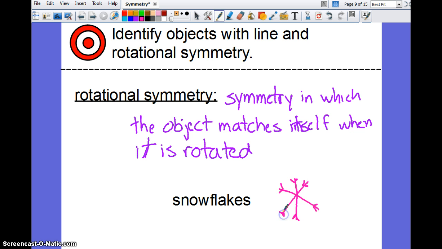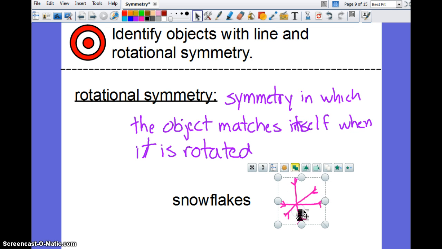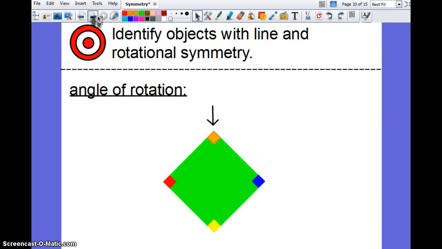Assuming that my drawing showed that they were all evenly spaced around, if I took this snowflake and I spun it around, you see how when I rotate it around, if they're all evenly spaced, I end up on top of myself over and over again with that snowflake. So this snowflake has rotational symmetry.